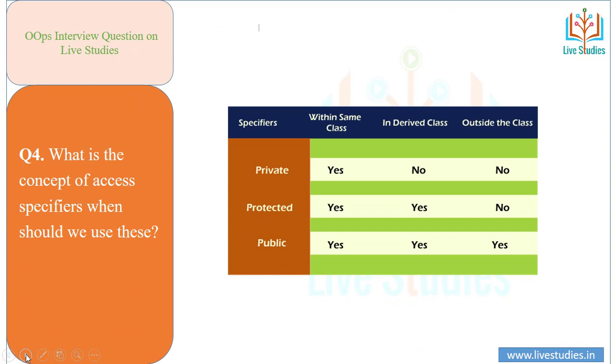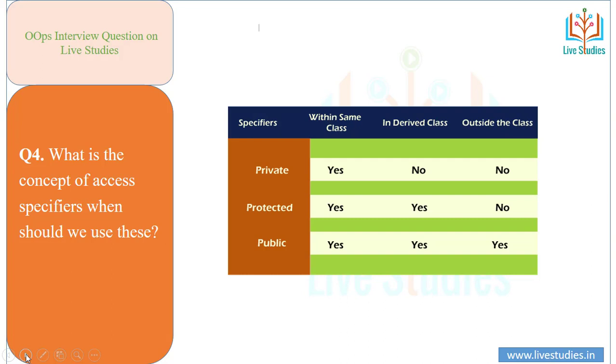Another question is, what is the concept of access specifier? When should we use this? It means private, protected, public, right? Within the same class, in a derived class, outside the class. So basically, access modifiers are reserved keywords that are used to set the accessibility of the classes, methods and other members of the classes.